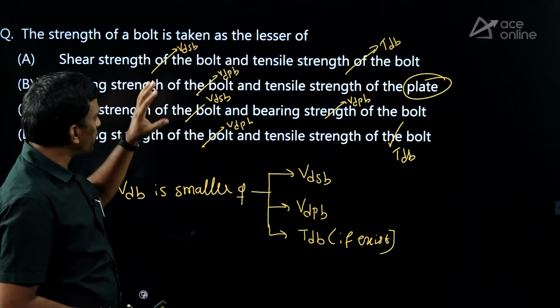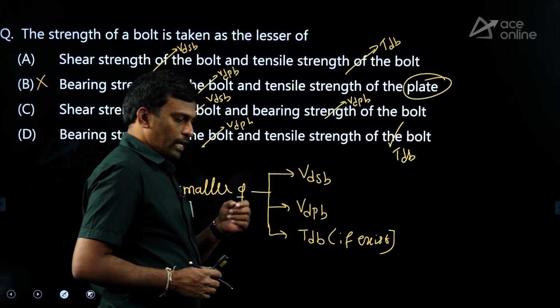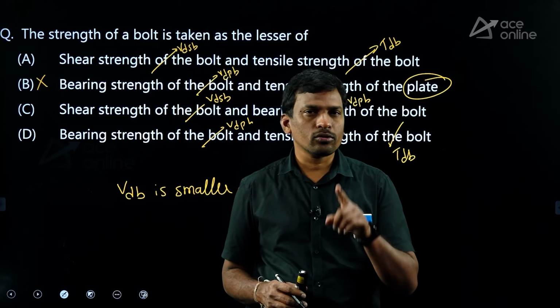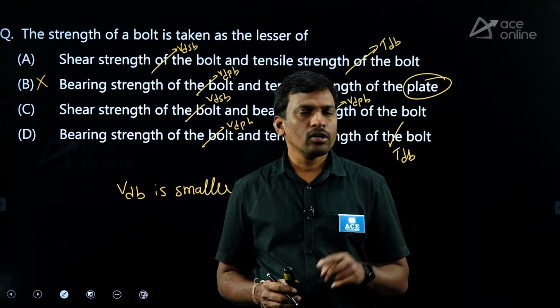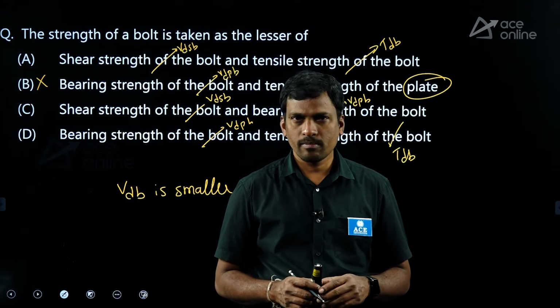But in the question, did he mention anywhere? No. So if it is a lap joint or butt joint, bolts are subjected to shear and bearing only, right? But in an anchor connection, bolts are subjected to only tension. I gave these examples.